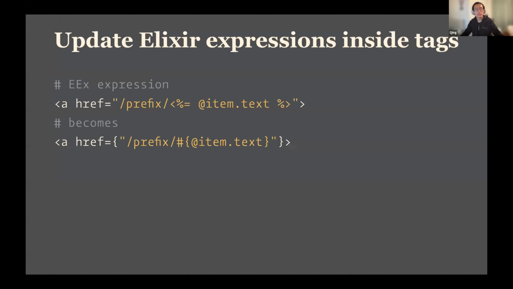Please check the documentation if you are interested. For example, the expression now can be either a keyword list or a map that contains the key value pairs for the attributes and values. I think that's pretty cool.